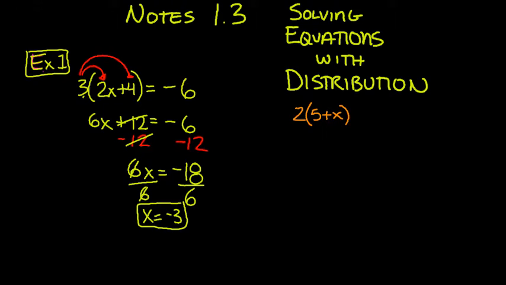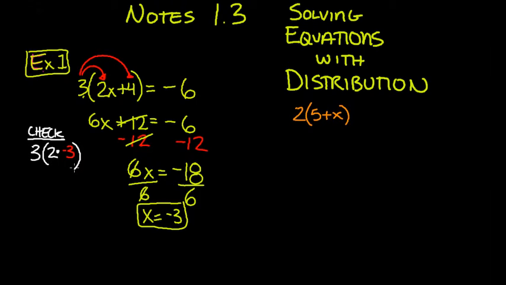If you want to check our answer, if I take -3 and put it back in the equation, you should get -6 equals -6. So let's try it. In my equation, I got 3 times 2 times -3.